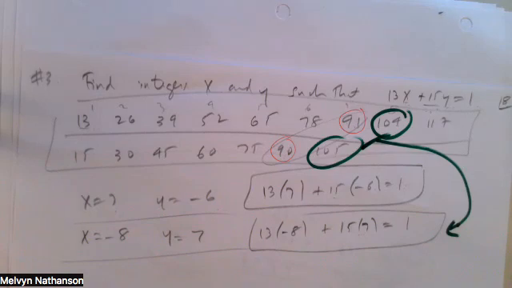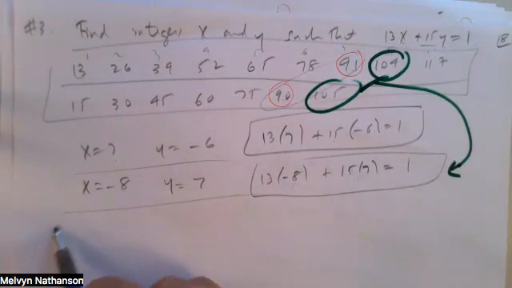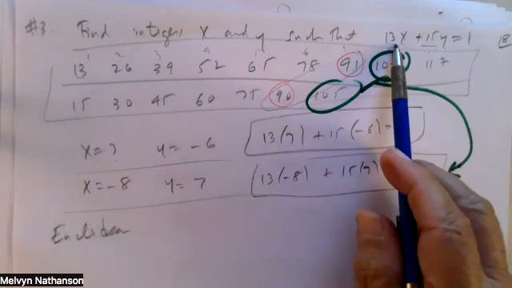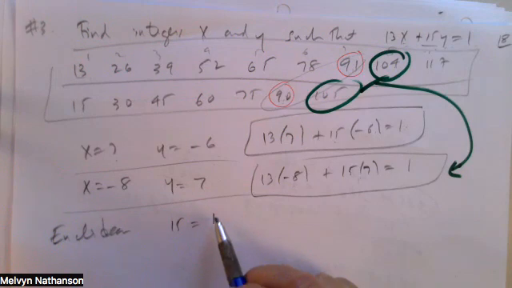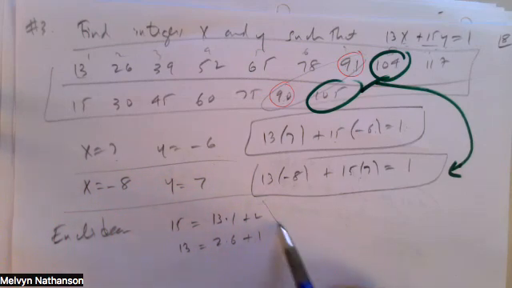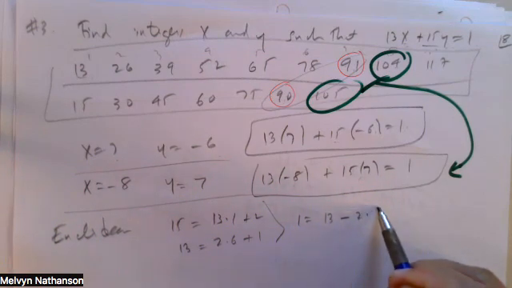Again, if I use the results of the next section, I could also get the same result from the Euclidean algorithm. So if I wanted to find the greatest common divisor of 15 and 13 by the Euclidean algorithm, 15 is 13 times 1 plus 2. 13 is 2 times 6 plus 1. So this says that 1 is 13 minus 2 times 6.